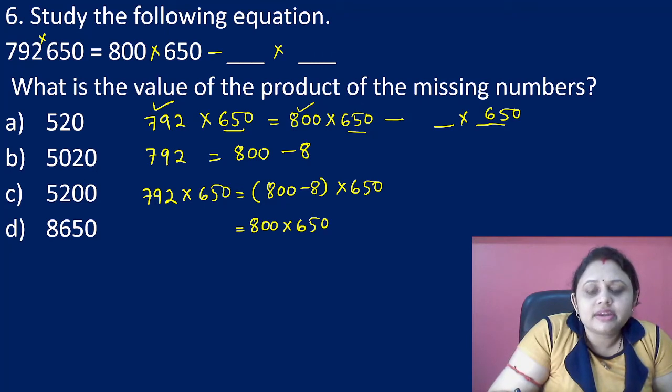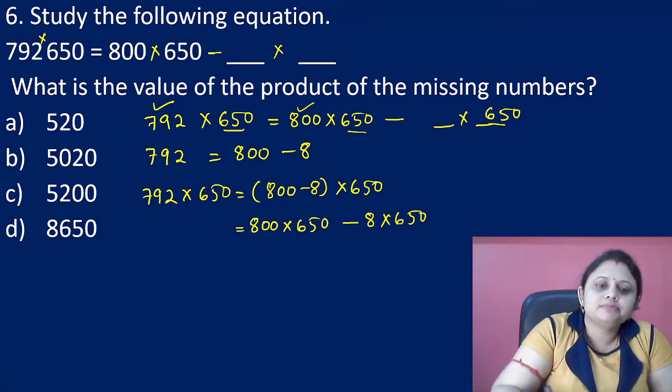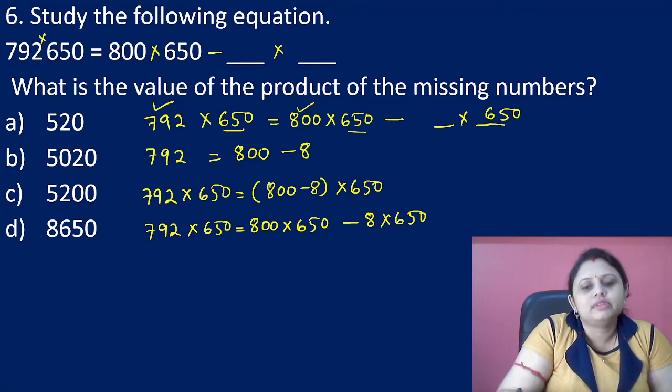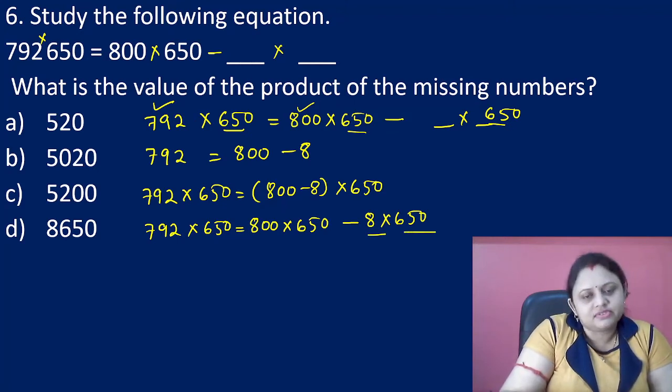So 800 into 650 minus 8 into 650. So 792 into 650 is equal to this much. 800 into 650 is present, 8 into 650 is there.